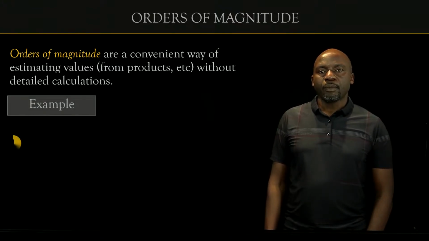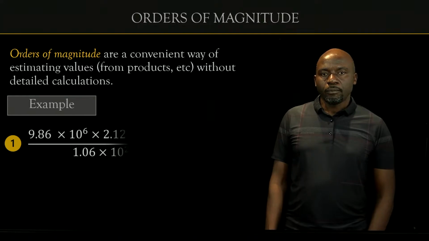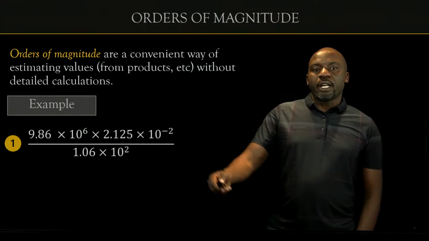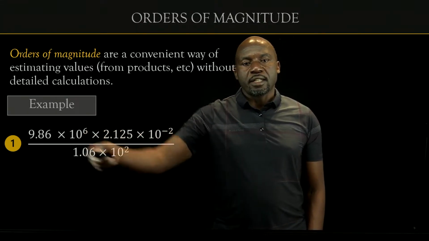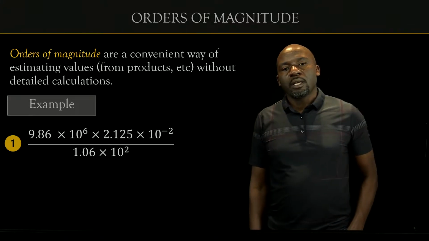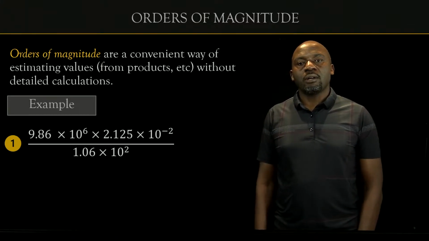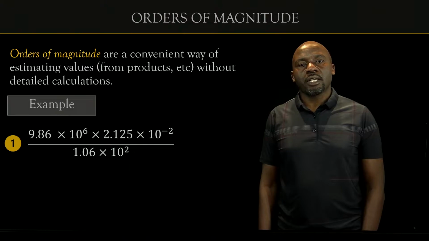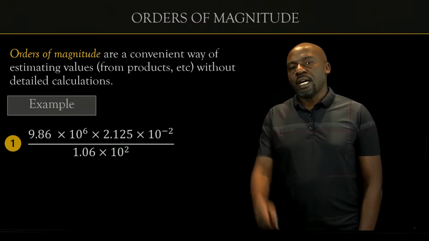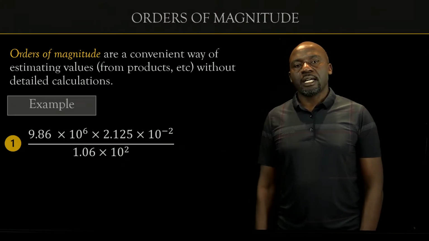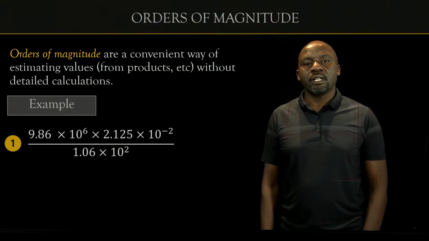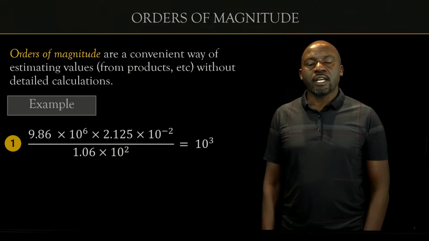Then, example, we can be given a calculation such as this one, an expression such as that to calculate. And by just scanning through it like that, I can tell directly that in orders of magnitude, this is 10 to the power of 3.